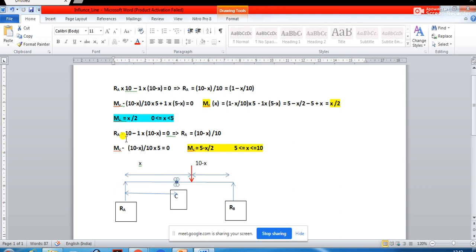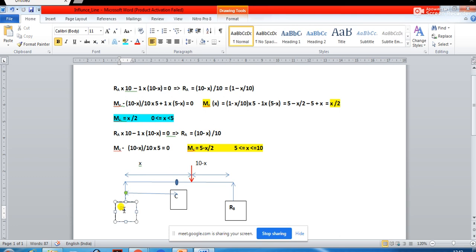So at this point it has crossed the point C. Will there be any change in the reaction? Anyone? No, sir. So R_A is going to remain the same. In terms of x, if you want to find it out, you will have to take moment about B. You can find the reaction using this equation only.